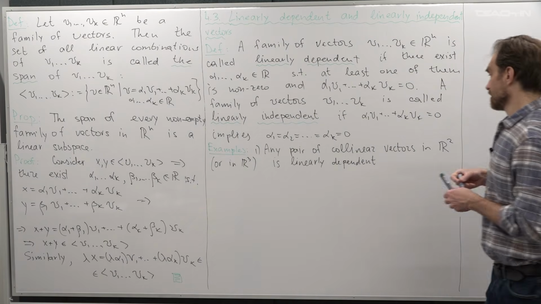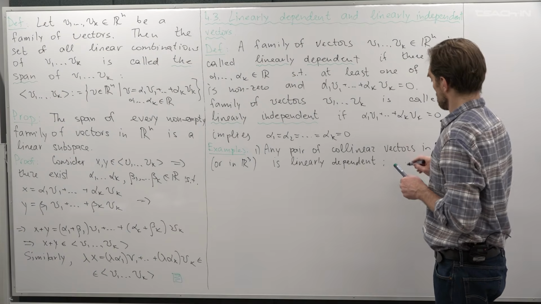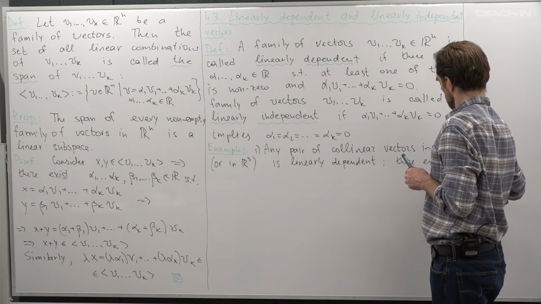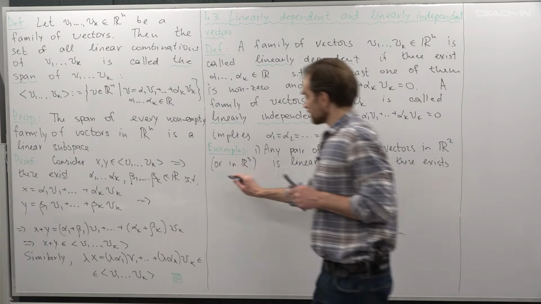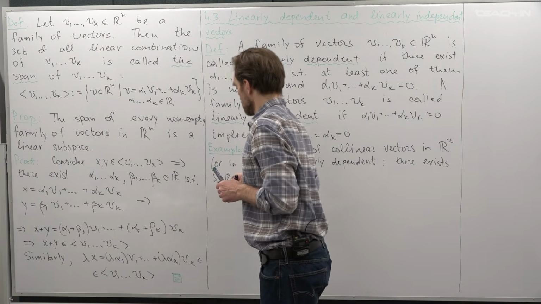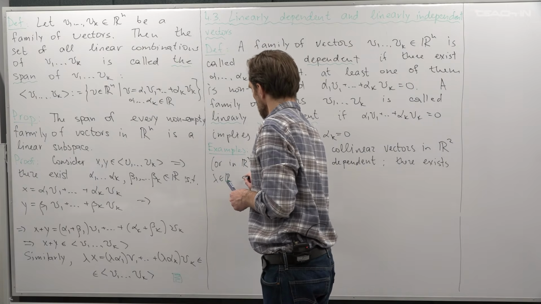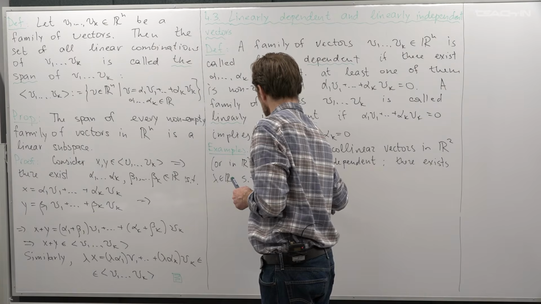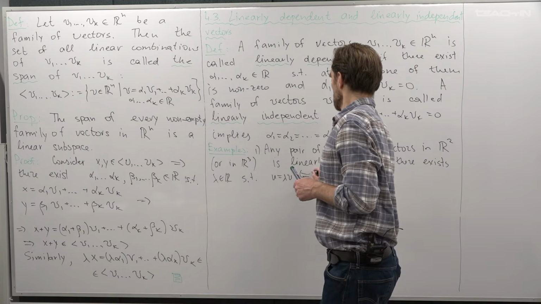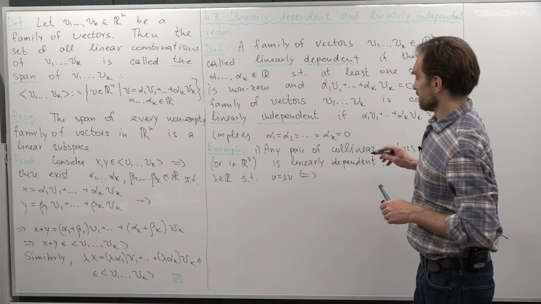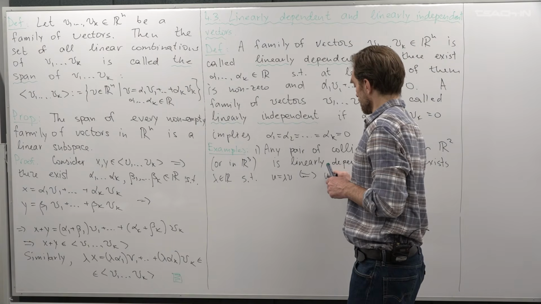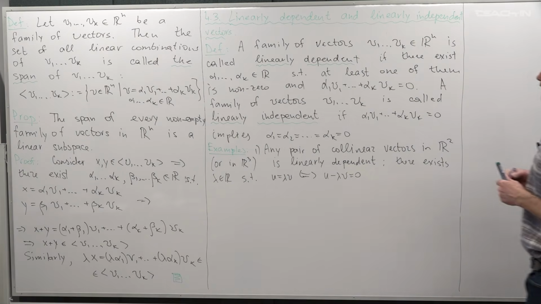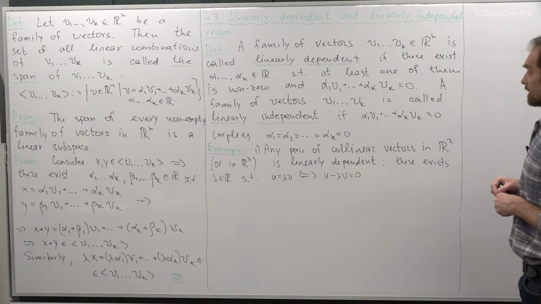Just because there exists a real number lambda such that u equals lambda times v. So if I move everything to the left-hand side, I get u minus lambda v equals 0, and so I get a linear combination that is non-trivial.